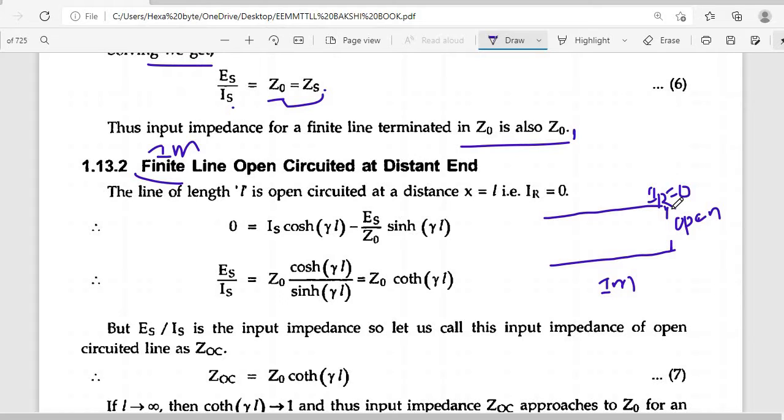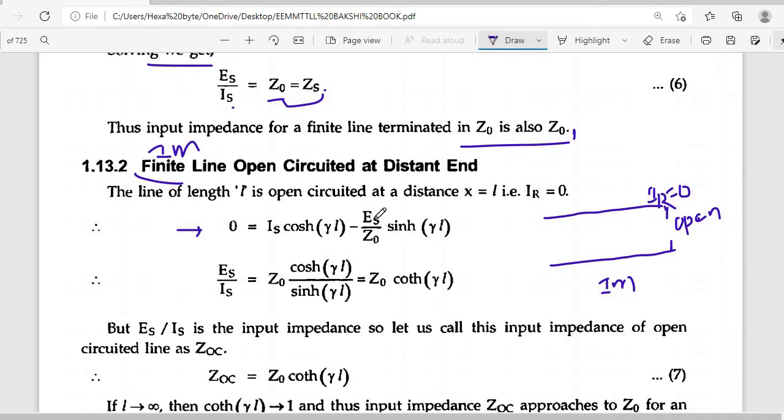There is no current. So that's why IR equals 0. Then, substitute IR equals 0 from the above relations.